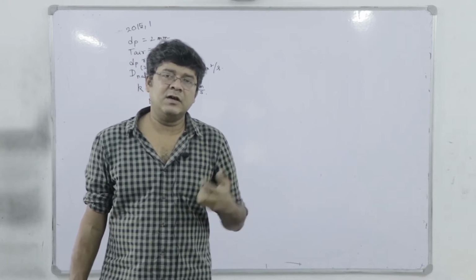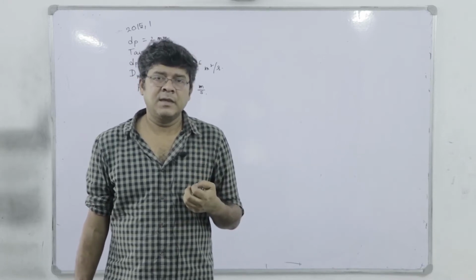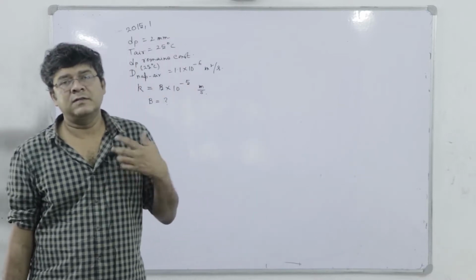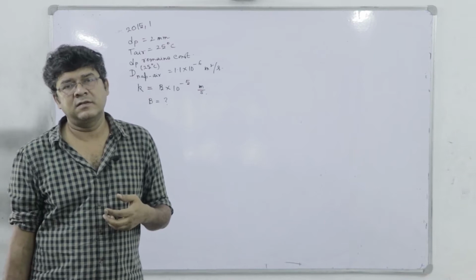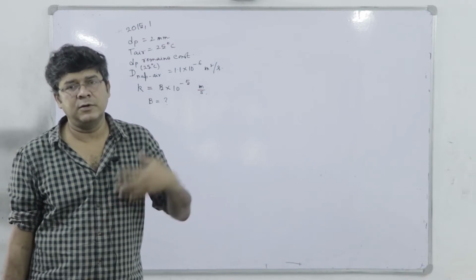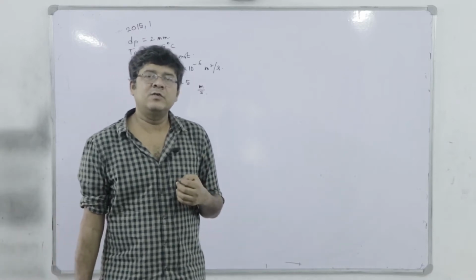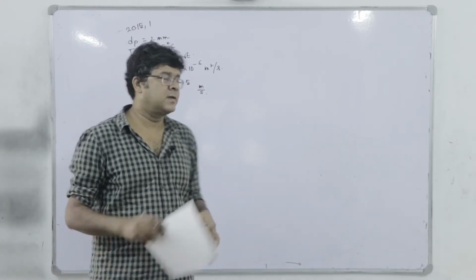Immediately we have to think of Sherwood number. And just like Nusselt number is equal to 2 for spherical objects, for conductive heat transport in air, we have proved that. Similarly here, the Sherwood number will be equal to 2.